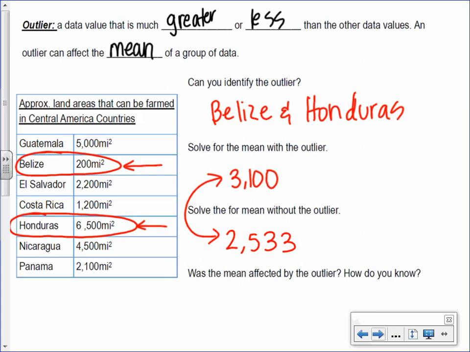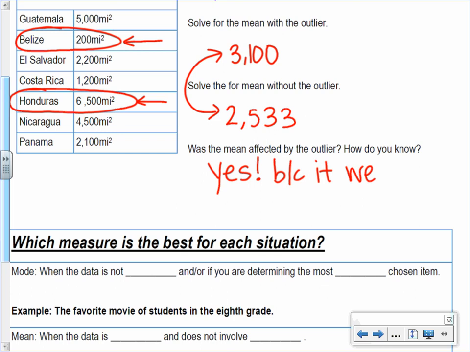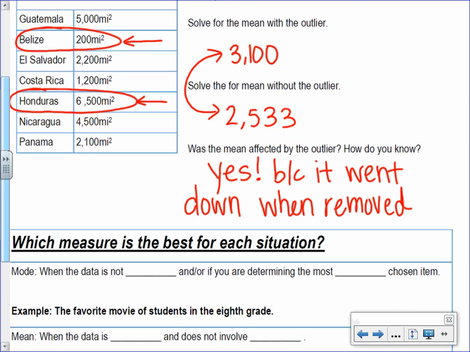So, as you can tell, was the mean affected? Well, yeah. And how do we know? Because it went down significantly when removed. So just be aware of outliers. Sometimes we'll ask you to take out the outlier so it doesn't interfere. So typically when there is an outlier, you're going to remove the outlier from the data points.